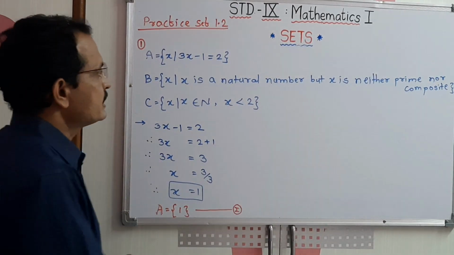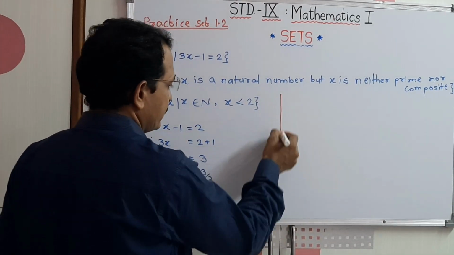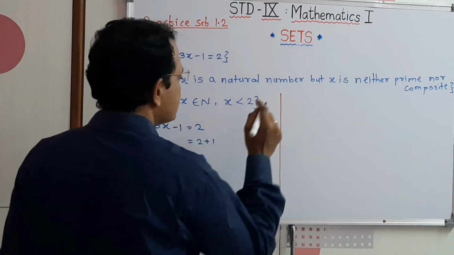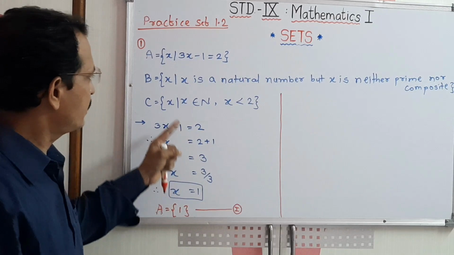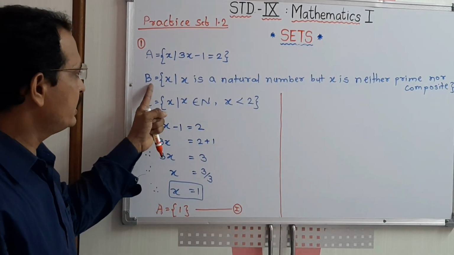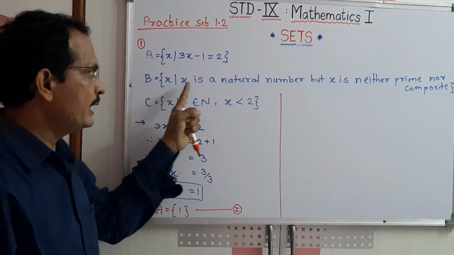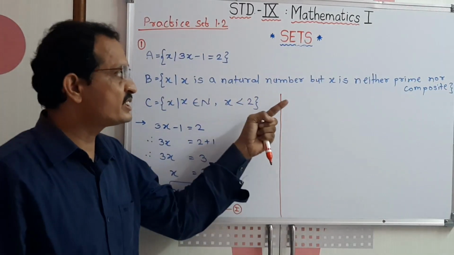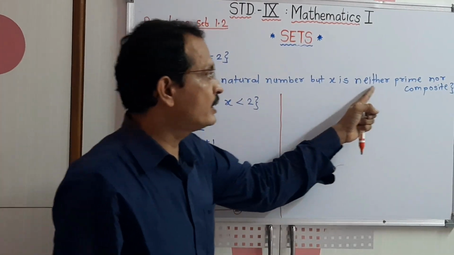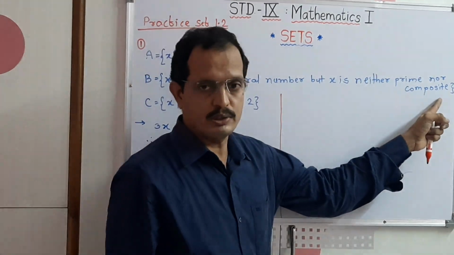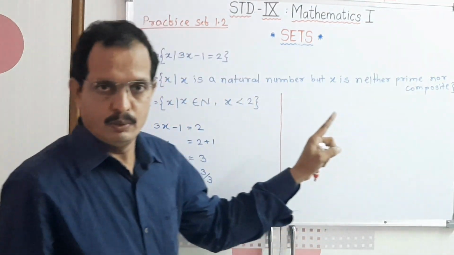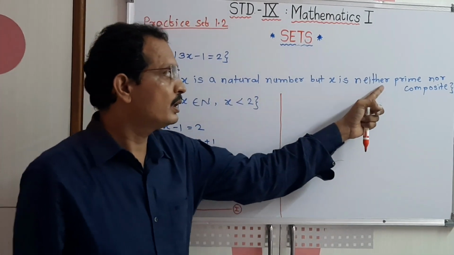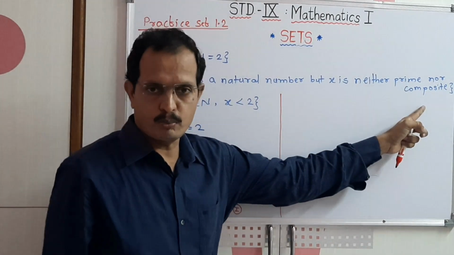Now see the next set, which is set B. Now which elements are there in set B? B is a set of x such that x is a natural number. But which natural number? Which is neither prime nor composite. The number which is a natural number but neither prime nor composite.